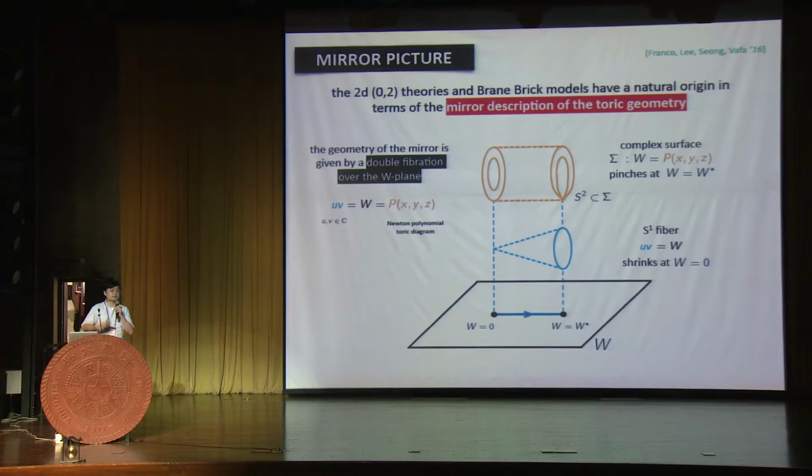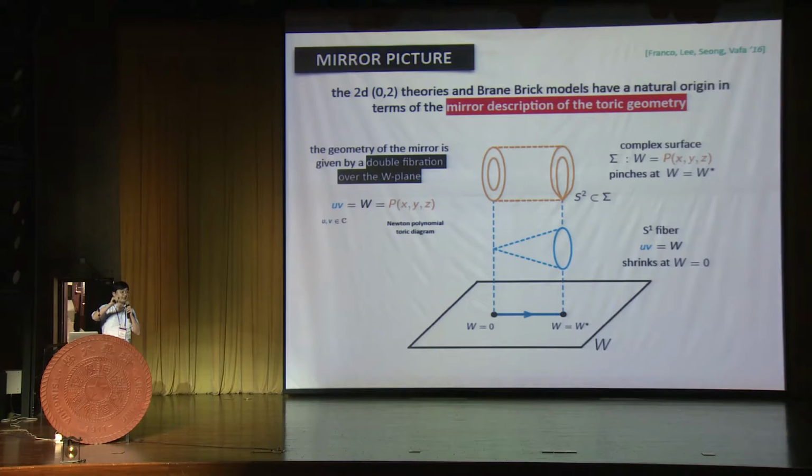A natural description of brane brick models is also in terms of the mirror picture coming from the toric geometry. The mirror can be thought of as a circle fibration over a plane W, where at the origin of the W plane, the S1 fibration shrinks, and at critical points of the W plane, the complex surface Sigma coming from the Newton polynomial pinches.